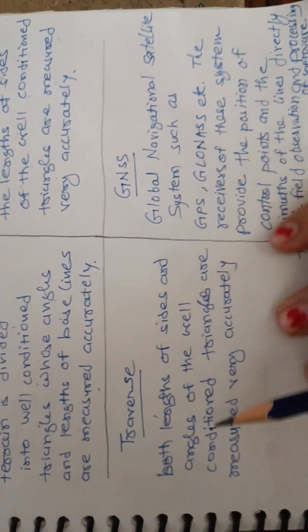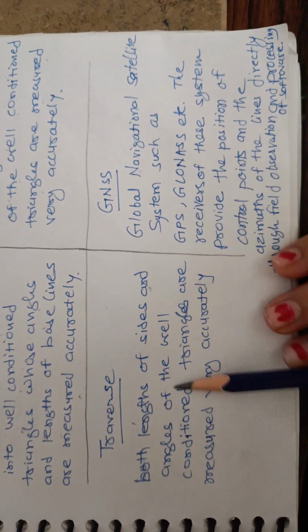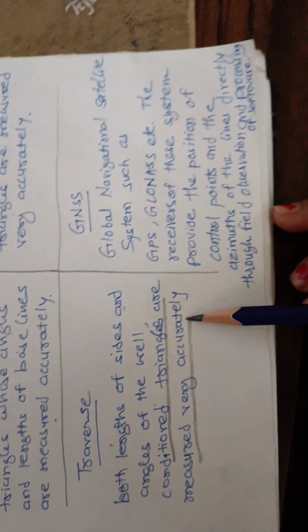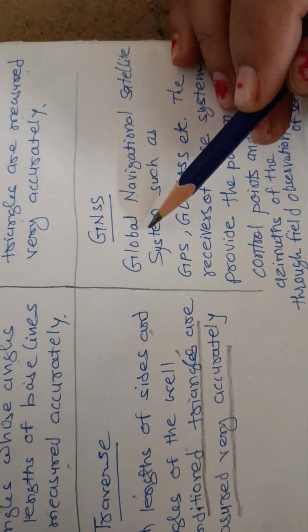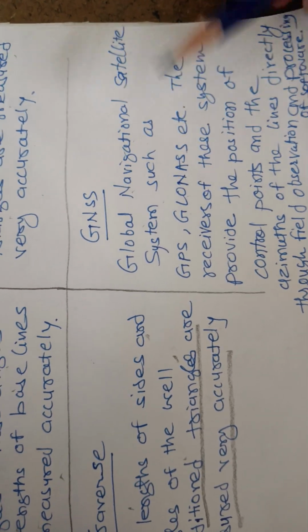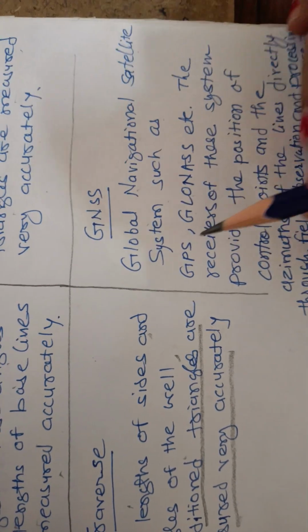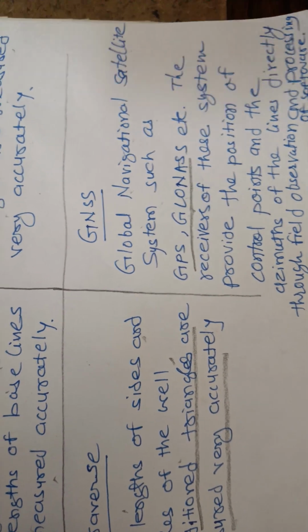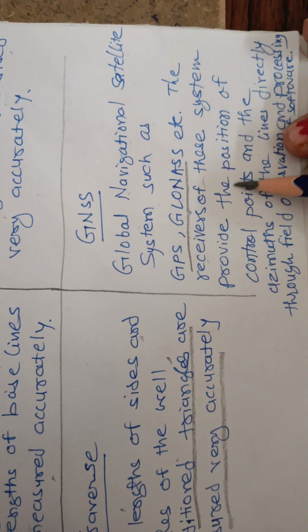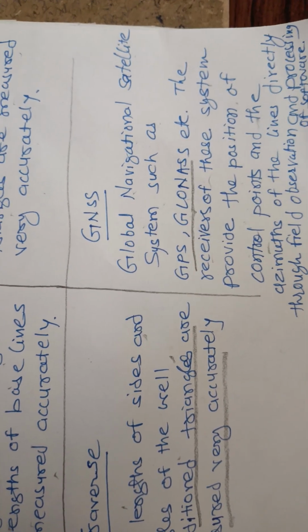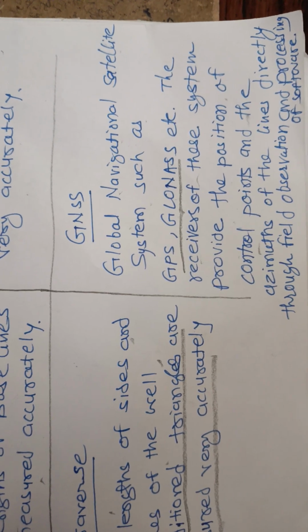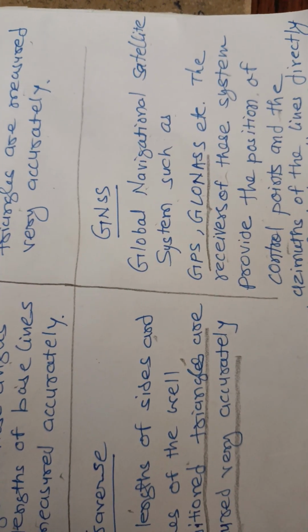In traverse, both lengths of sides and angles are measured very accurately, while GNSS is a global navigation satellite system, such as GPS, GLONASS, etc. The receivers of these systems provide the positions of control points and the azimuth of the lines directly through field observations and processing by software.